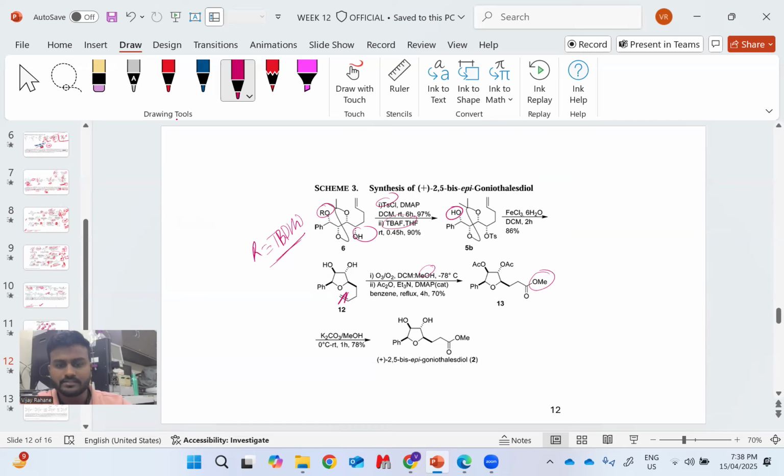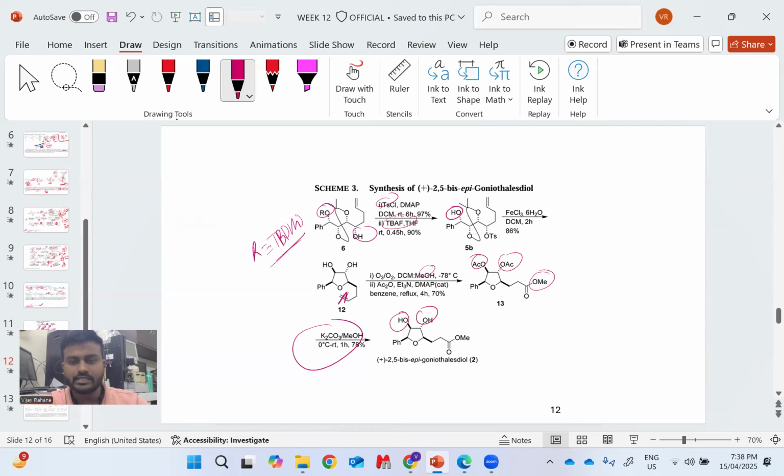And further, in the last step, K2CO3 and methanol. Upon K2CO3 and methanol addition, this acetyl protection gets removed, and both hydroxy groups will be free. So this is the plus 2,5-bis-epi-gonothalamin diol. So this is some kind of natural product or drug molecule that they have synthesized.